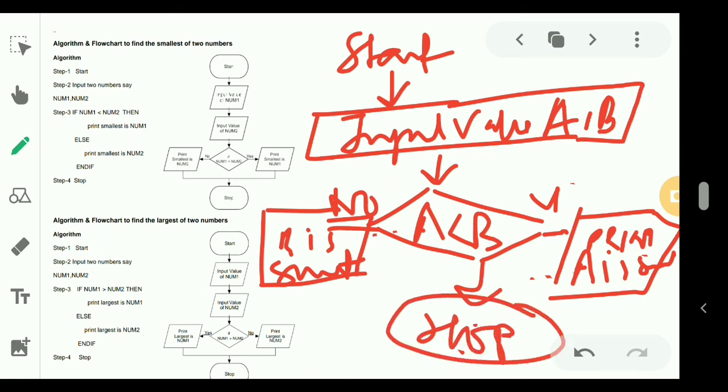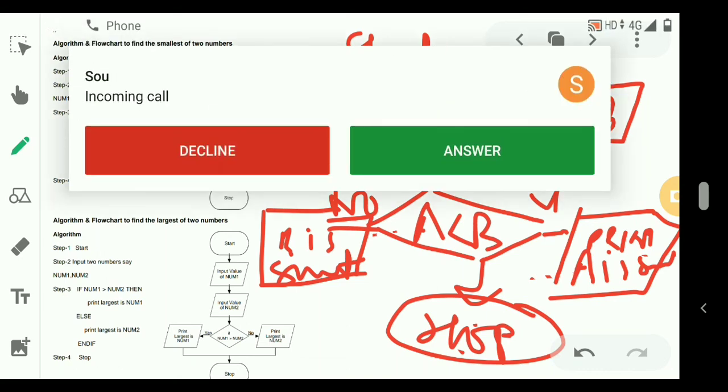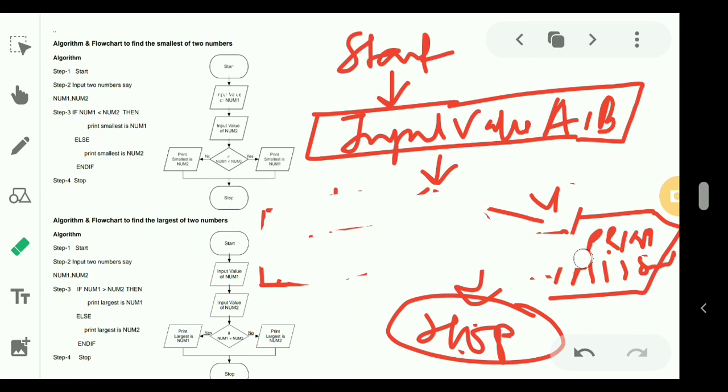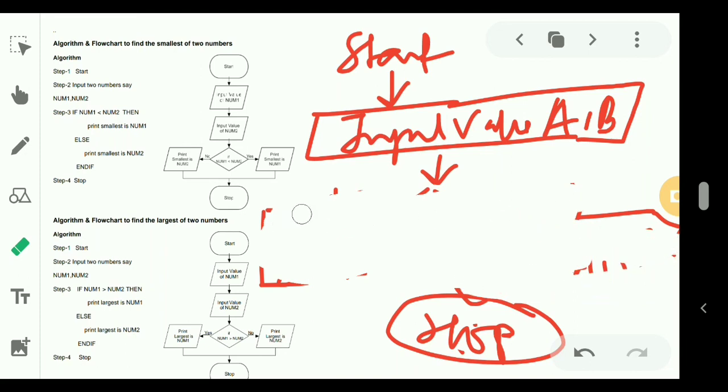So that is the first algorithm. Another is the second algorithm. Only this condition part will change. Apart from this, all other parts are okay. So how to do that change?